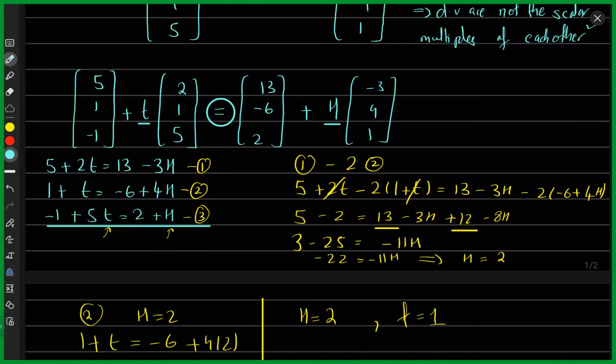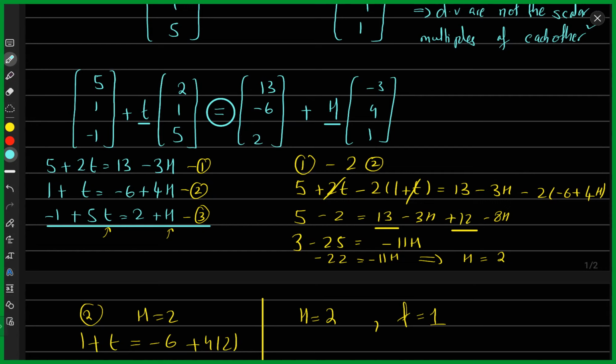Otherwise, the two lines would be skew. So just know, you'll have three equations, solve two simultaneously, get the value of the variables, that was t and mu, and plug in the value in the third equation and see if that is being satisfied. If that is being satisfied, this would imply that the two lines are intersecting. Otherwise, this would have meant that the two lines are skew.